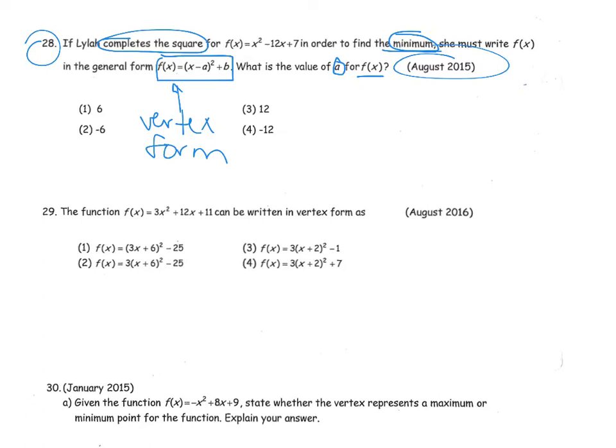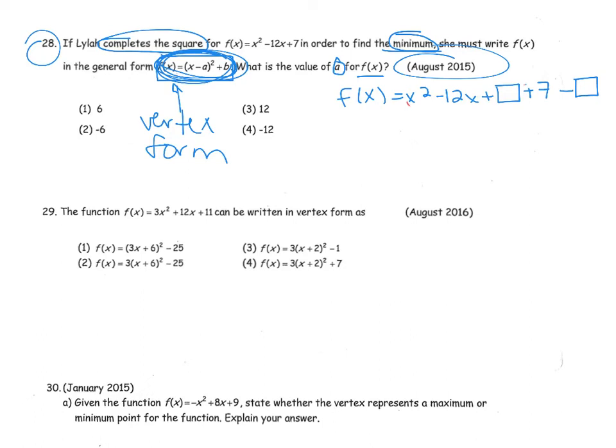All right, well, let's get started. We have f of x equals x squared minus 12x plus blank plus 7 minus blank. We want it in vertex form. This is vertex form here. Okay. All right.